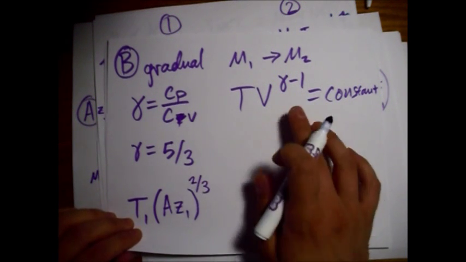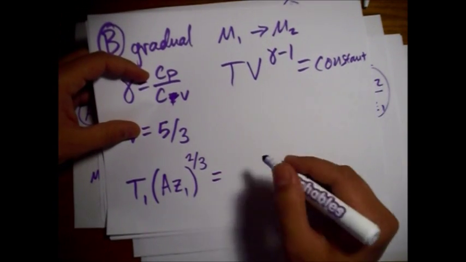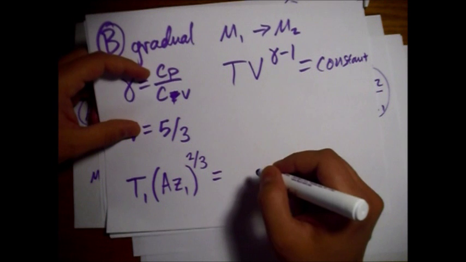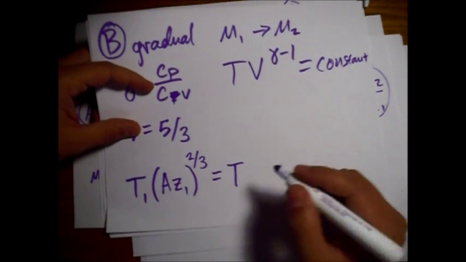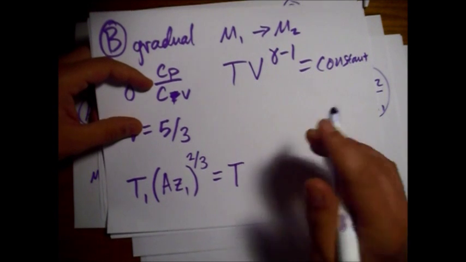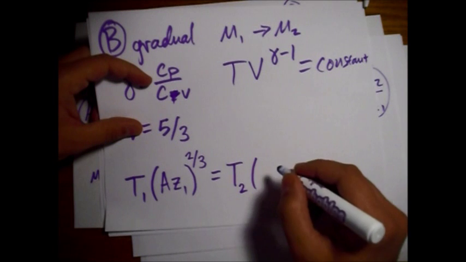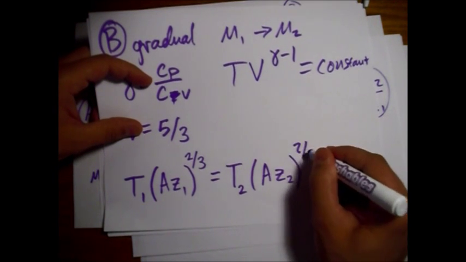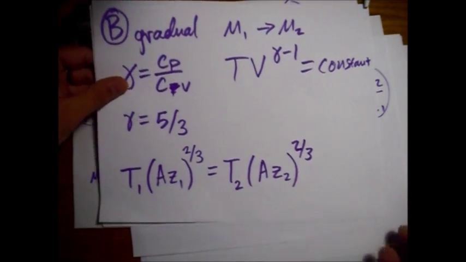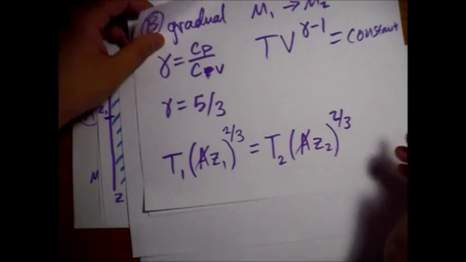Okay, there's 2/3 left. Since this is constant, it will be equal to the same thing after our process is complete, since we haven't changed the number of gas particles or anything like that. So this time we have a T2, a Z2 to the 2/3. Obviously this A is going to divide out.